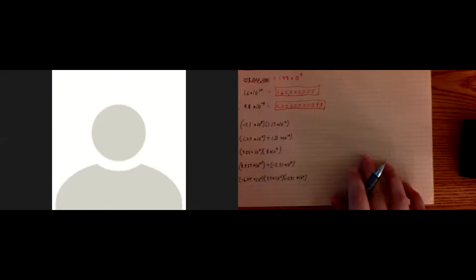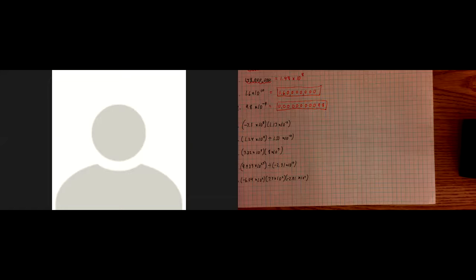Okay, let's do it one at a time. Remember, to do these problems, whatever operation is between them, you can switch the order of them in order to do the operation.